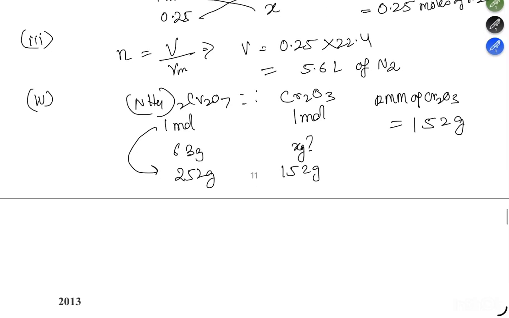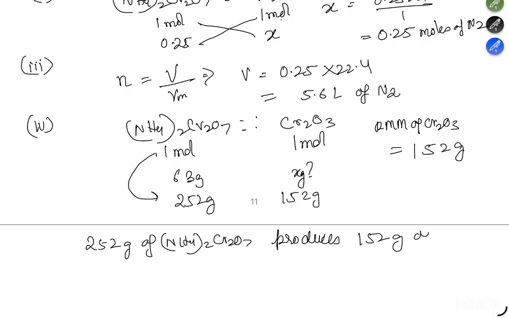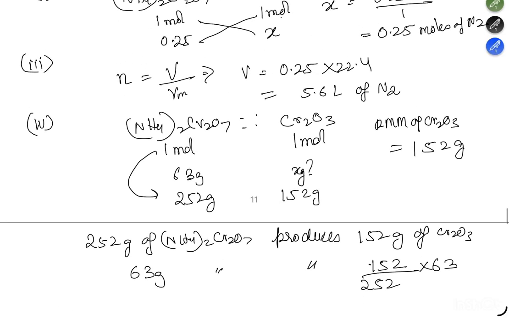The same way, you can write it in a statement: 252 gram of ammonium dichromate produces 152 gram of chromium oxide. So 63 gram of ammonium dichromate produces how many grams? That will be 152 divided by 252 into 63. When you solve this one, you will get the answer 38 gram.